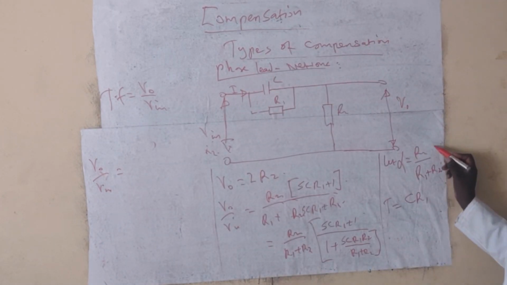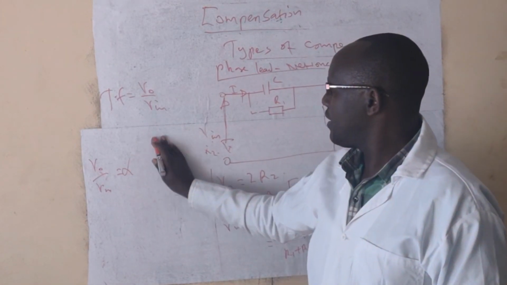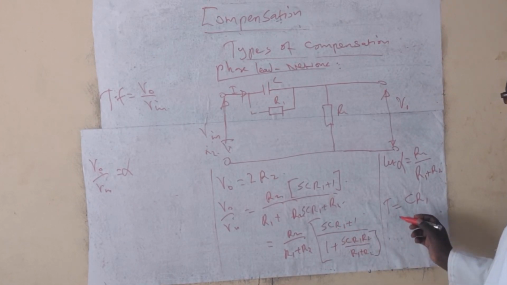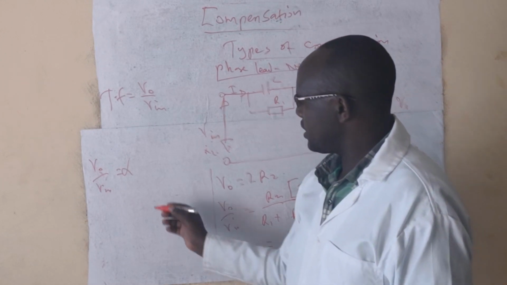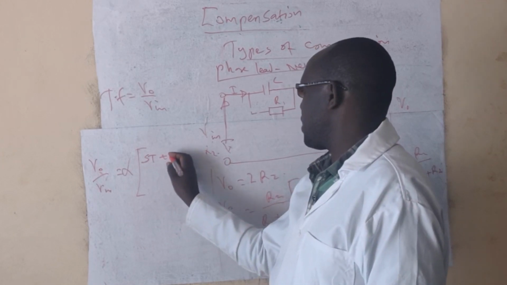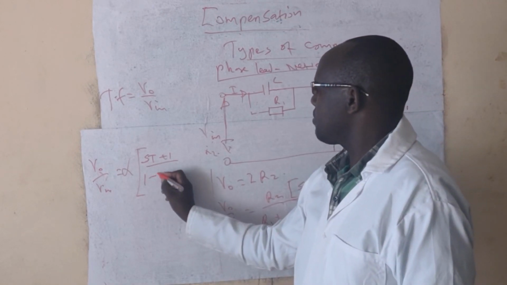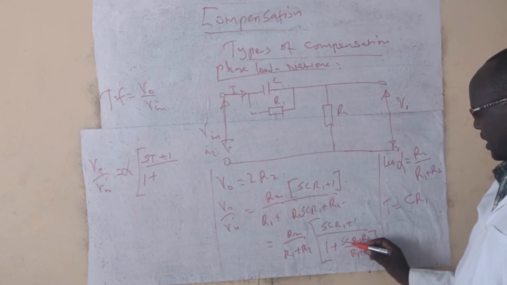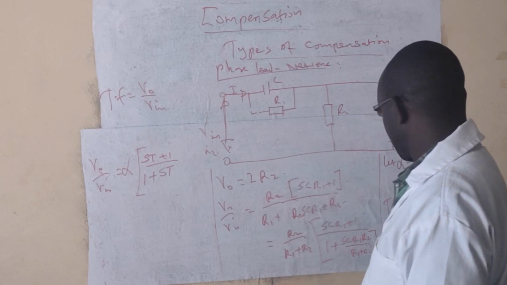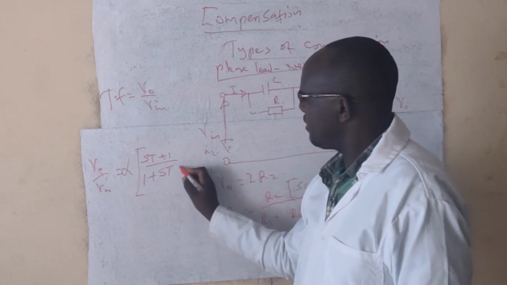So you substitute from here. This one is going to be alpha, and then CR1 is the time constant T. We are going to get ST plus 1 all over 1 plus ST, and then the whole of this is alpha times it.